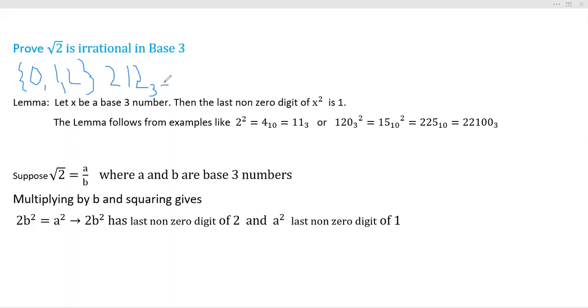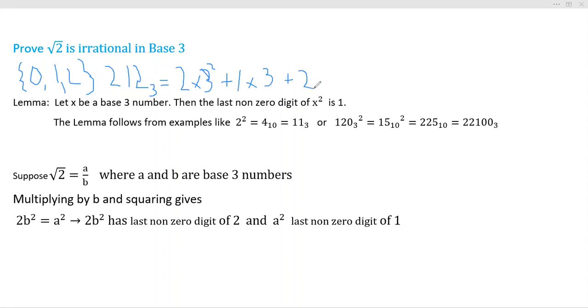Now, this has an expanded form, much like decimal, except we're dealing with base 3, which means 2 times 3 squared. This is again called the expanded form, plus 1 times 3, plus 2 times 3 to the 0.